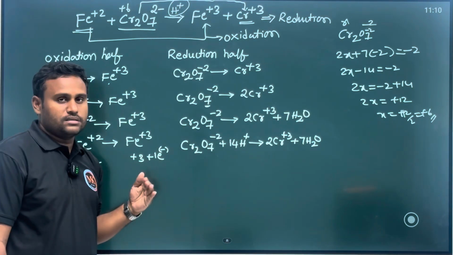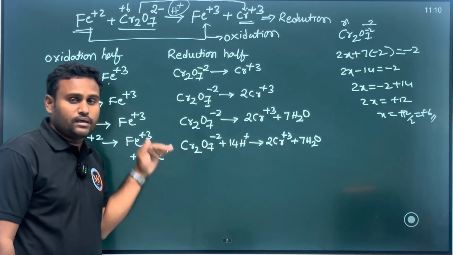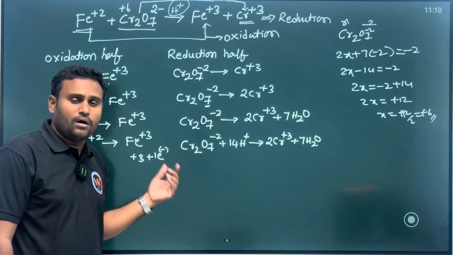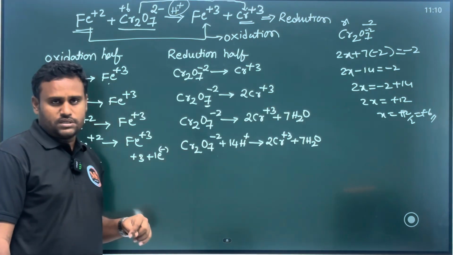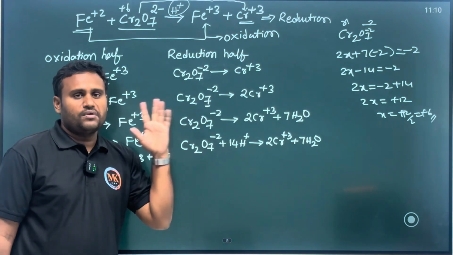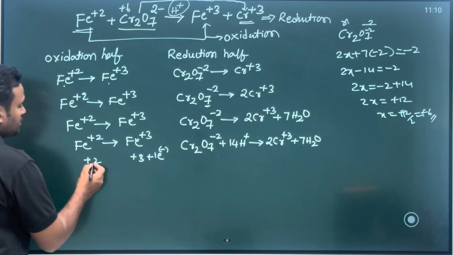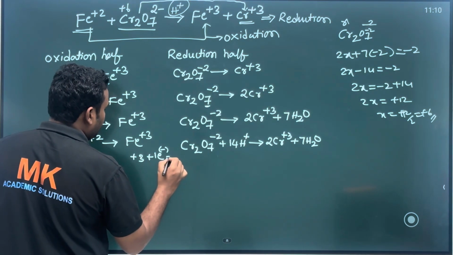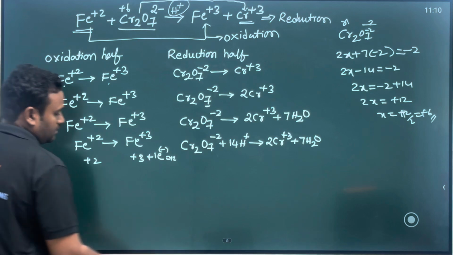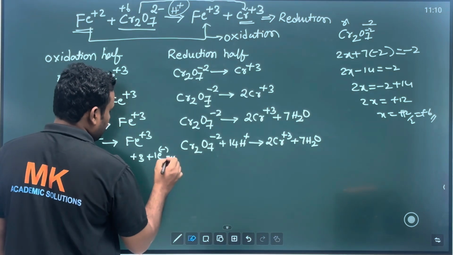How can we decrease the positive charge? By adding electrons. You add 1 electron, and this plus 3 will become plus 2. Remember one thing: we cannot increase the positive charge, but we can decrease it by adding electrons. Here more positive charge is there, and it should decrease by 1 charge. For that we are adding 1 electron. So now this is plus 2 and this also becomes plus 2. Charge is balanced.